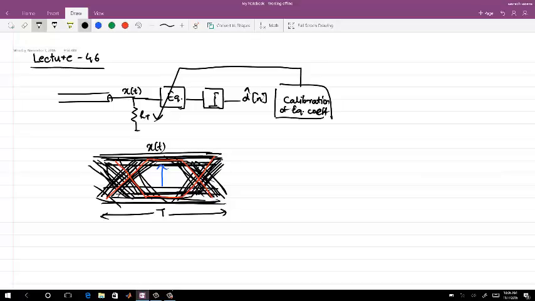Okay, so two things you know from an ideal, let me just write it. For ideal equalization, what will you have? Output of equalizer will have only two signal levels.